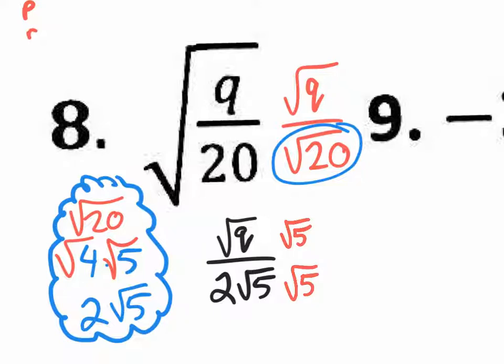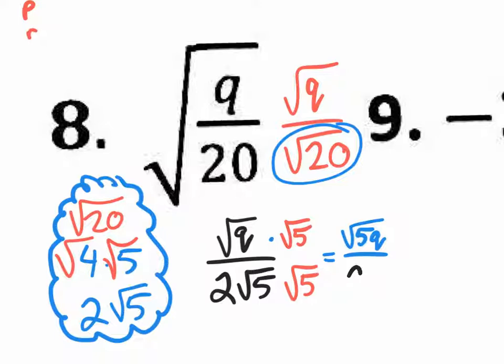Okay? Now, when I multiply the radical q times the radical 5, the square root of q times the square root of 5, you could simply put those together underneath one radical. You're not going to write q5, you're going to write 5q. That's right. And on the bottom, we know that the square root of 5 and square root of 5 becomes what? Just 5.